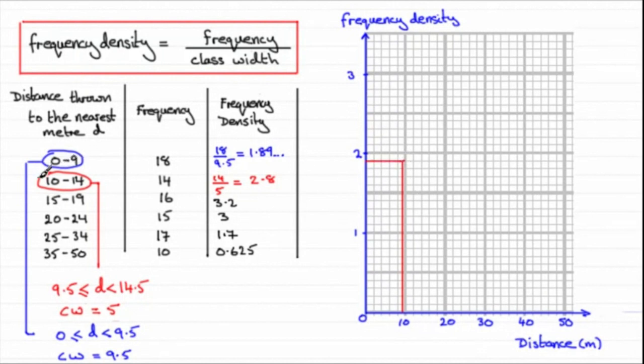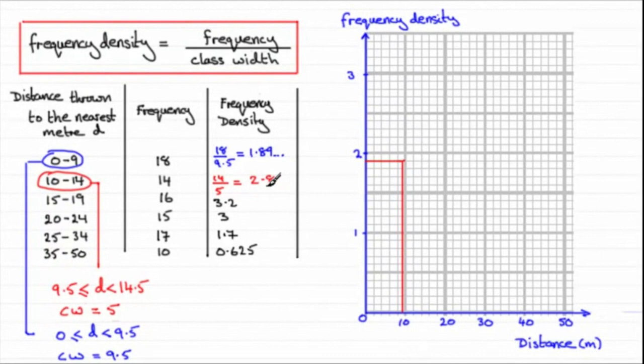For the next one, we're going from 9.5 to 14.5, at a height of 2.8 units. You could try and draw this on graph paper, but what you should get when you're finished would look something like this.